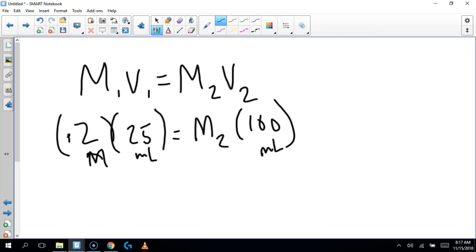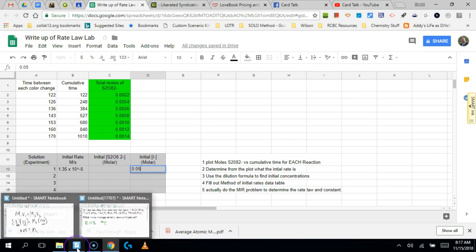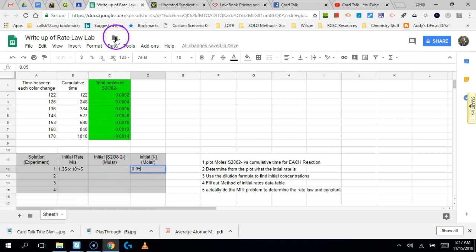Okay, so when we do that, we basically are diluting it by 4, so we get a new molarity, M2, of 0.05 for KI.